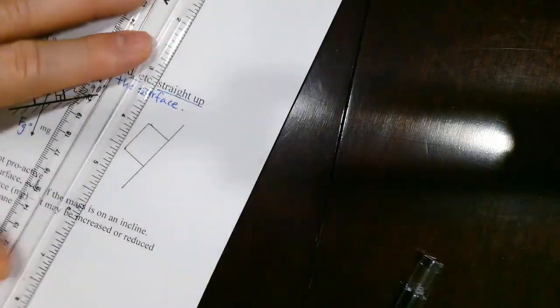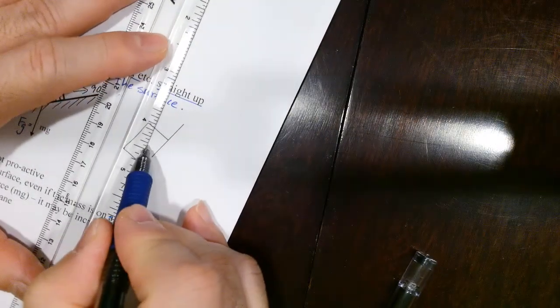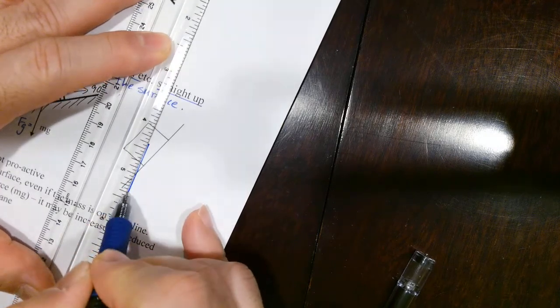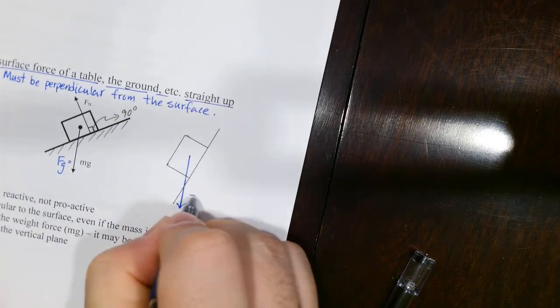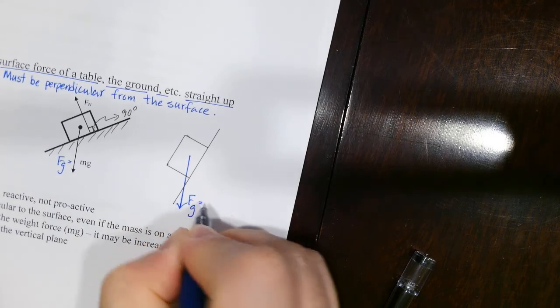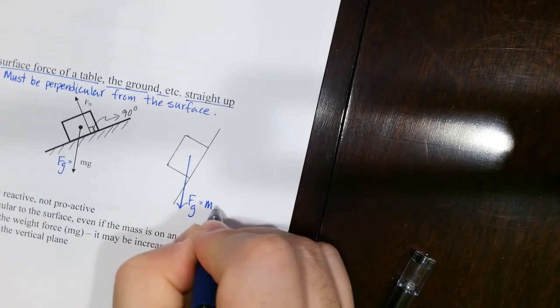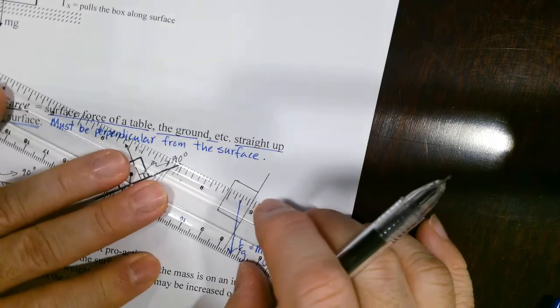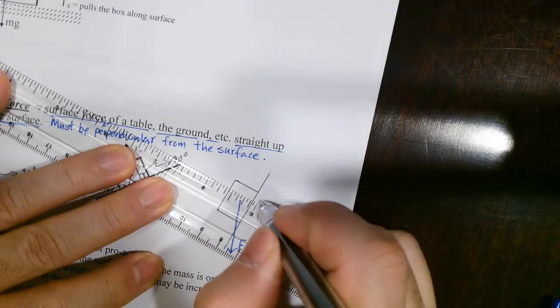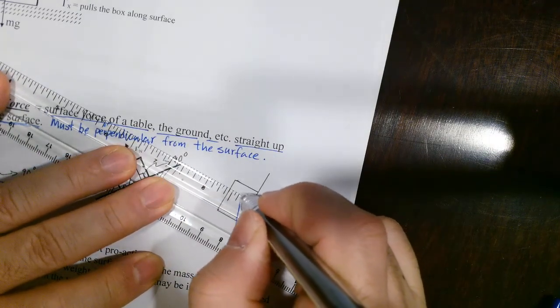So your Fg will act straight down, even if it's steep. So this is your Fg, which is m times g. Your normal force will be from the surface to the object.